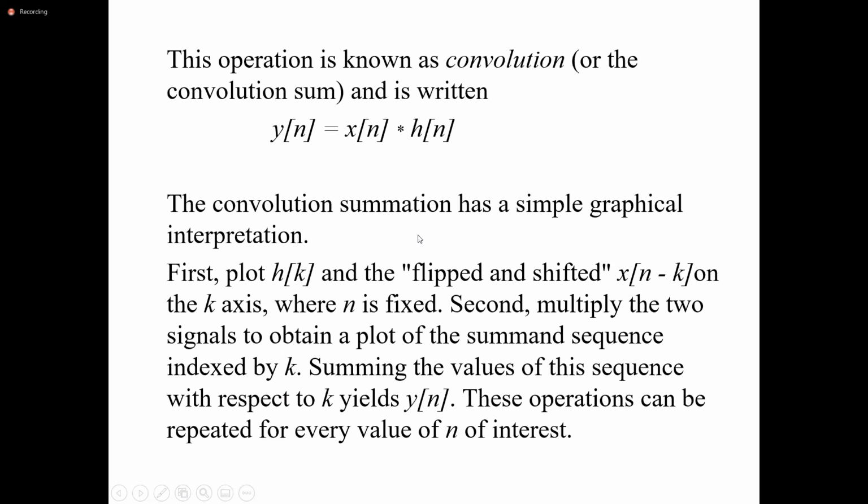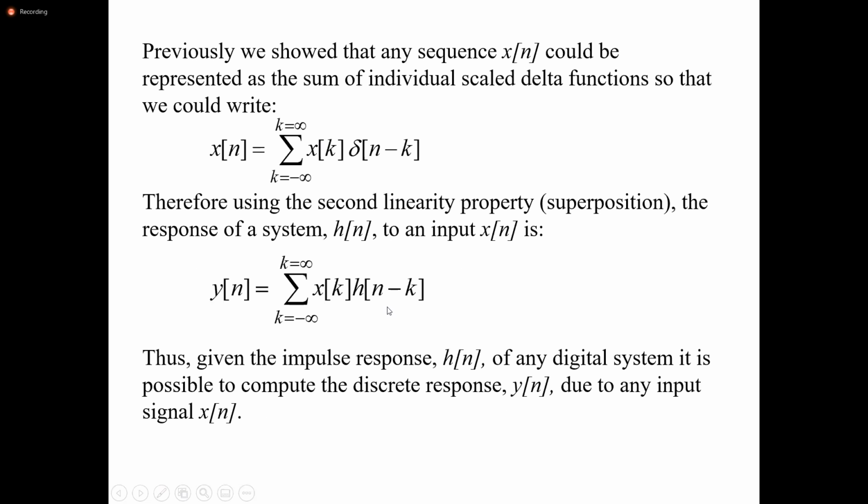And the summation really has a simple graphical interpretation, right? Because if we go back here, what we see is that we have a set of terms here in which k is going from minus infinity to plus infinity.